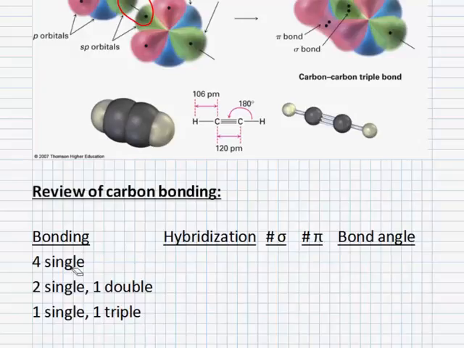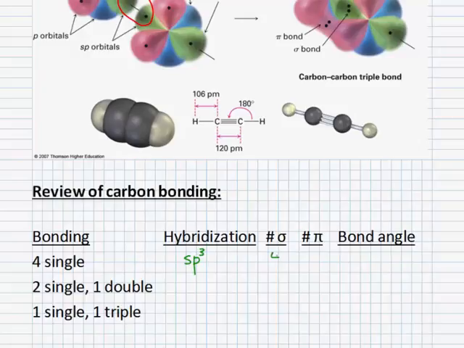So let's start with 4 single bonds like we saw with methane and with ethane. So just the regular single bonding carbons. To have 4 single bonds, I'm going to need to make 4 equal hybrid orbitals. So the one s will have to hybridize with the other 3 of the p orbitals. So hybridization is sp3.